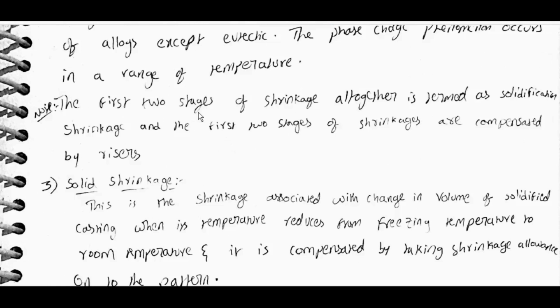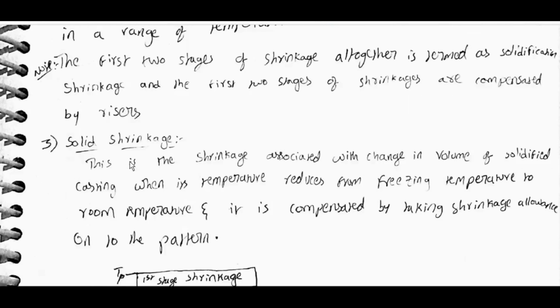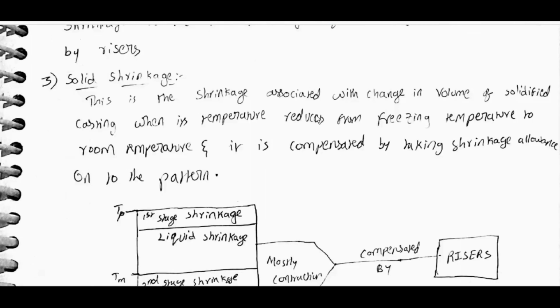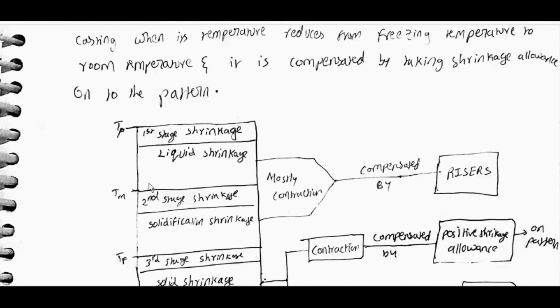The first two stages of shrinkage altogether are termed solidification shrinkage, and they are compensated by risers. Solid shrinkage is the shrinkage associated with change in volume of the solidified casting when its temperature reduces from freezing temperature to room temperature, and it is compensated by shrinkage allowance on the pattern.